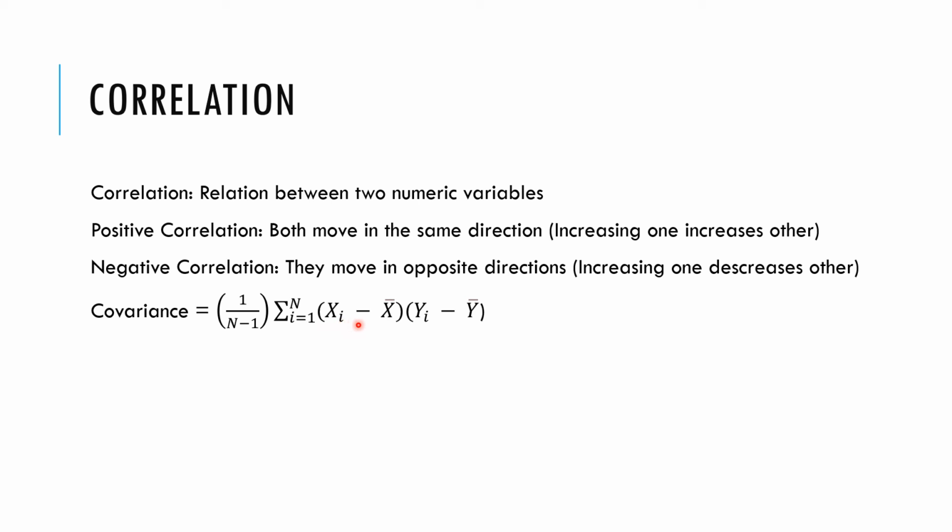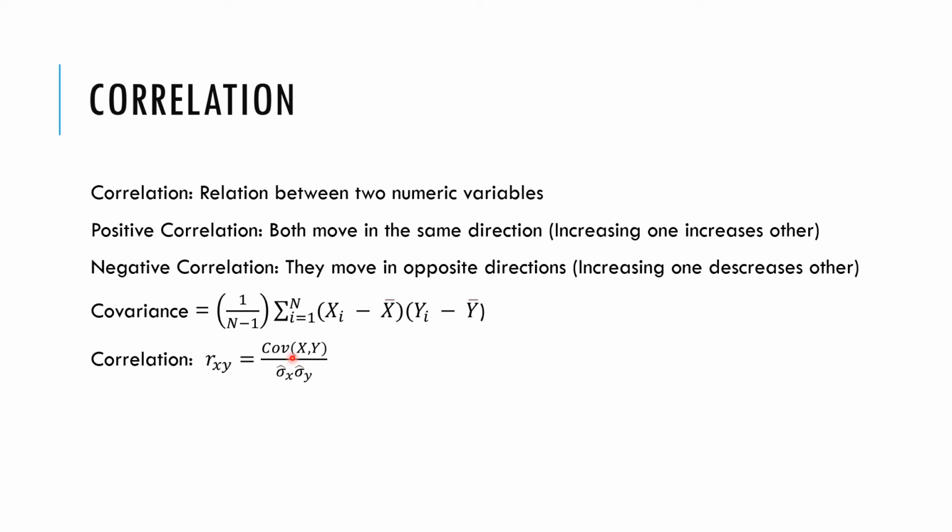So we subtract the mean or average of the entire x from each value of x, and then we do the same thing with y also, and then multiply them and vary from 1 to n for each value, and then we take the sum of them. So multiplying the subtracted values and then taking the sum and dividing the entire total by n minus 1 gives us the covariance.